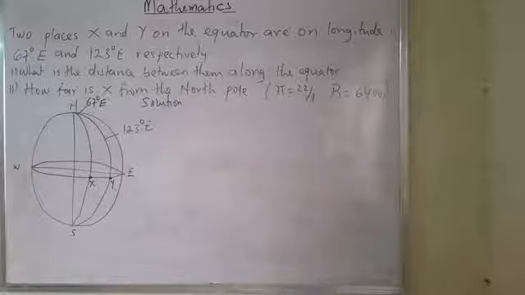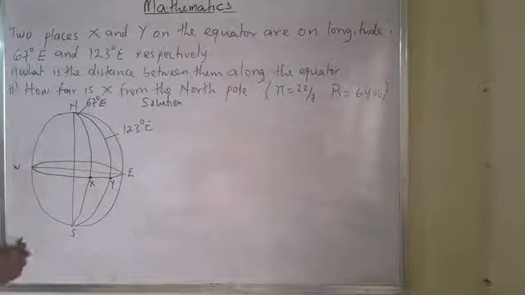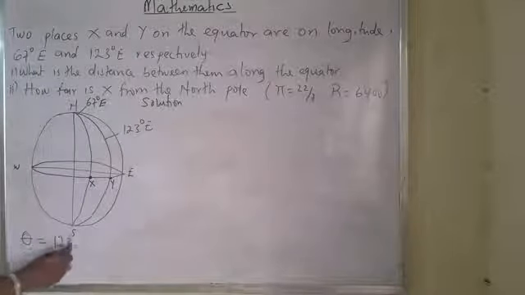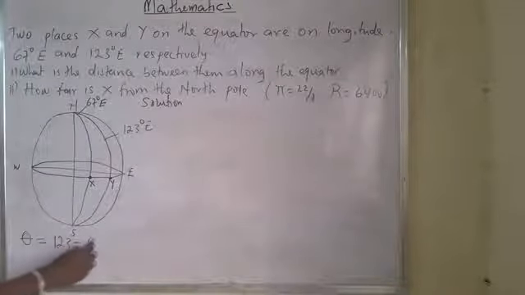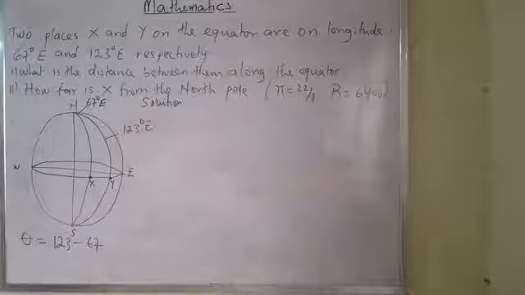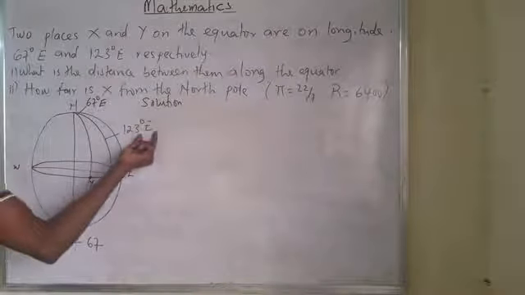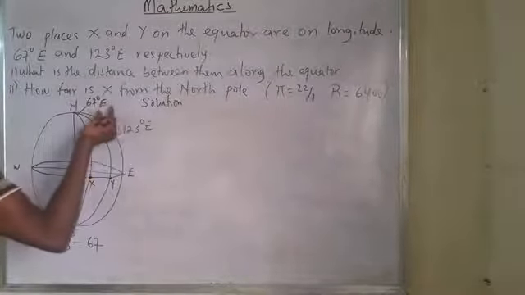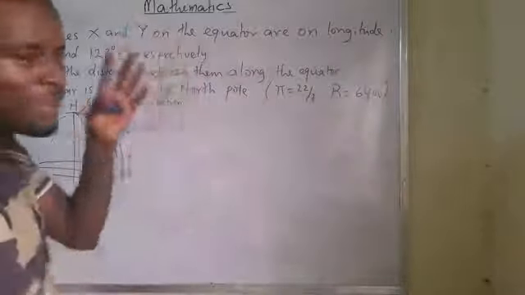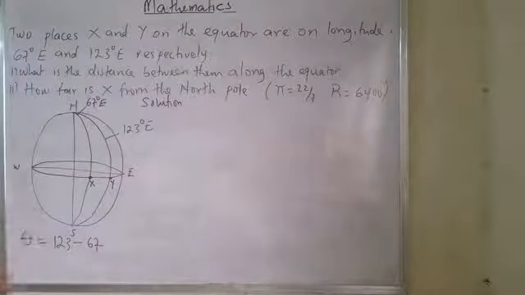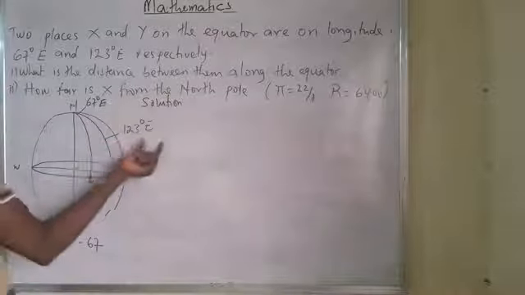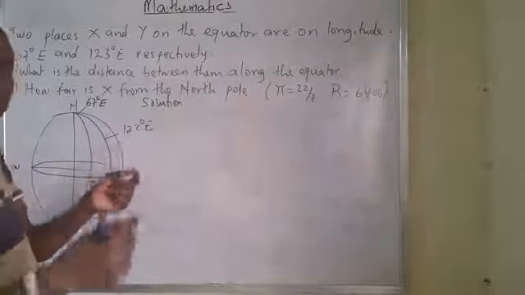Meanwhile, theta will be equal to 123 minus 67. Do you know the reason why? Because we are talking about the same location, east and east. If it is a different location, you will add them up. But if it is the same location, you will subtract them.